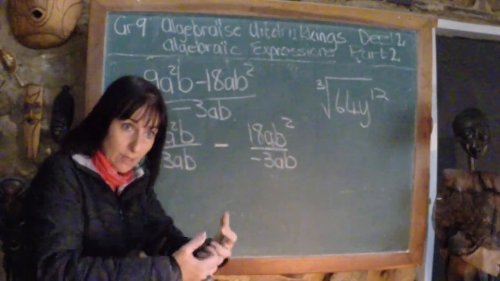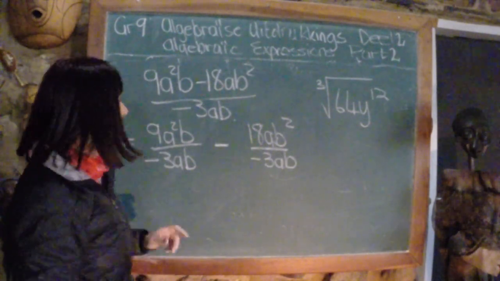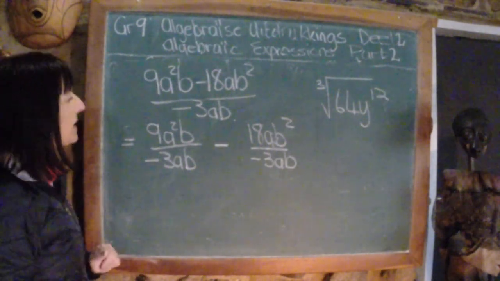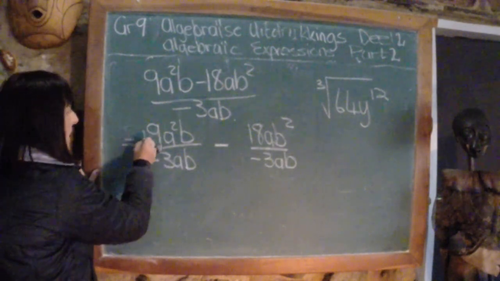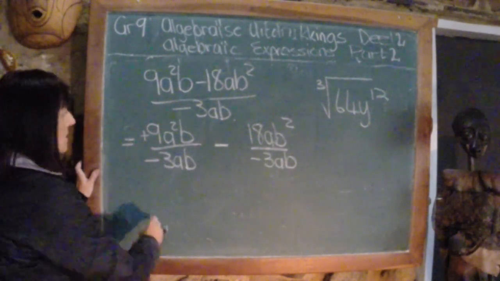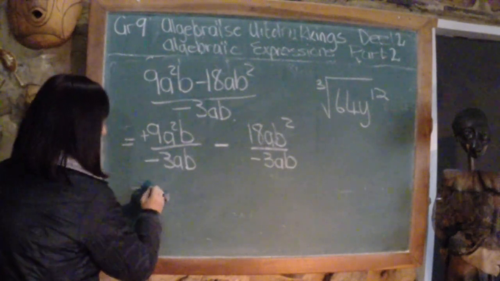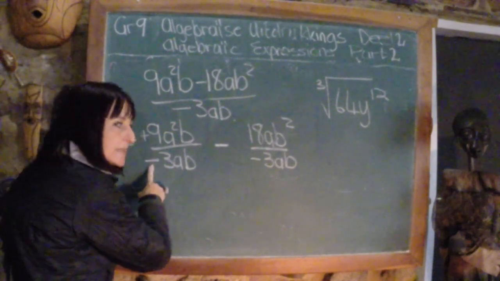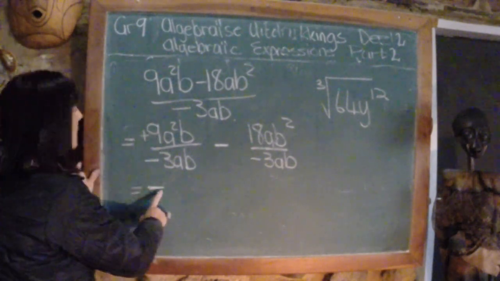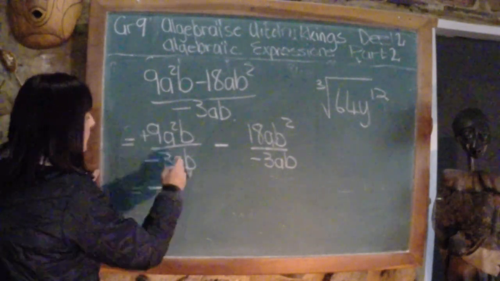Can you see what I'm doing? I'm breaking it apart. So now I can cancel. There's a minus, but there's a plus that I can't see. So the answer will be a minus, because a plus divided by a minus gives a minus. 3 goes 3 times into 9.